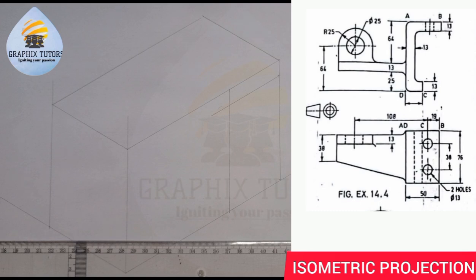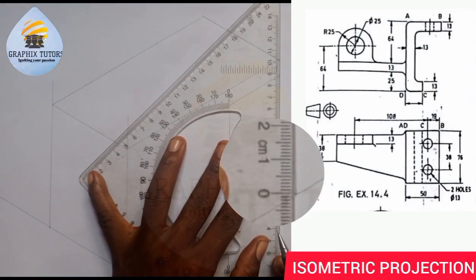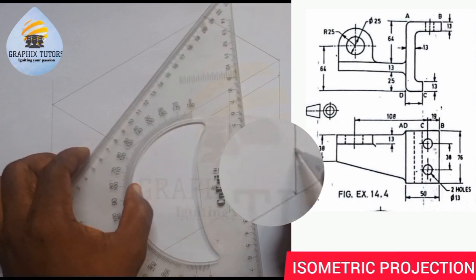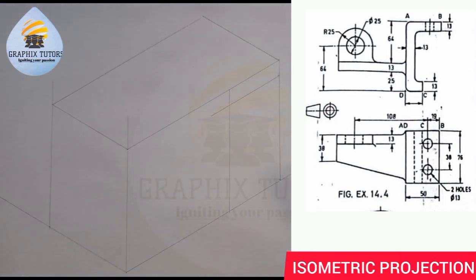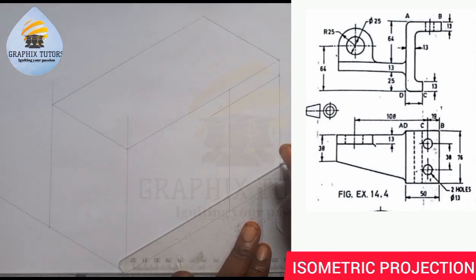Right? Then I'll now measure the thickness again, 13. Again. This is 10, 11, 12, 13. And I'll close it up this way.